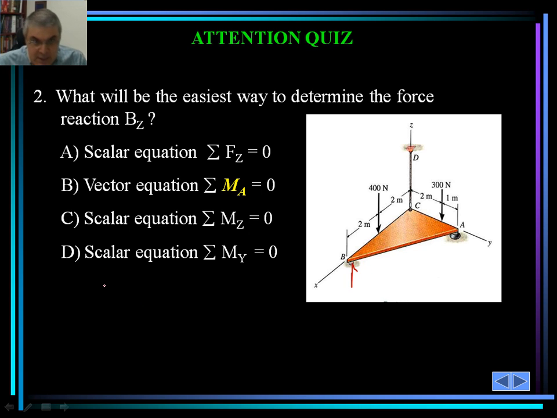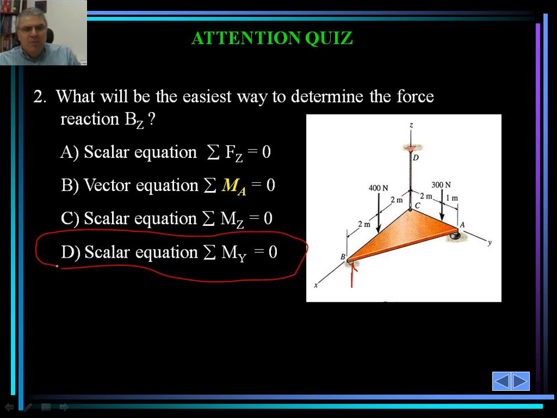But all these forces except B sub z would go through the y-axis, so the easiest and fastest way to get the answer is to set up a scalar equation, the summation of moment about the y-axis, and set that to 0.